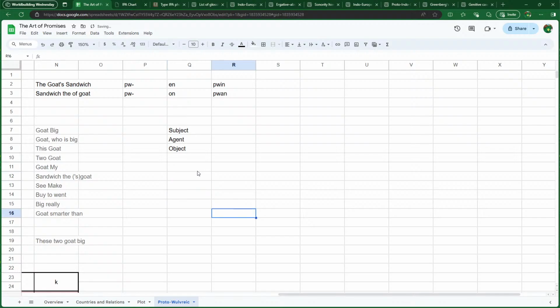So the way that nominative versus accusative alignment works is that nominative combines the subject and agent into the same case. So it would be nominative verb to object, or nominative verb, right?